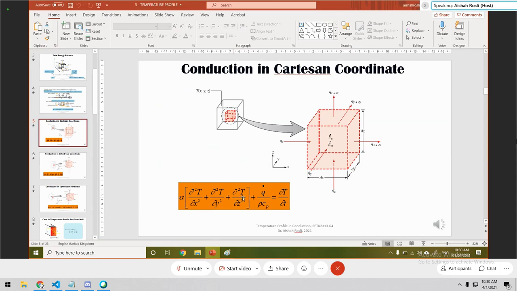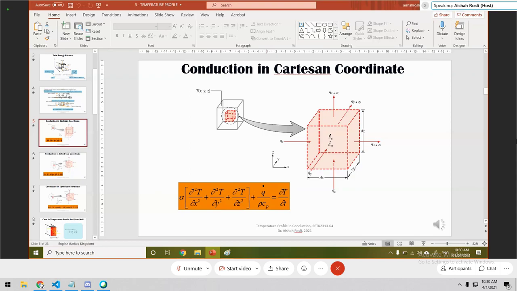So if the heat is different from different directions, you will have dT/dx, dT/dy, and dT/dz, and they will be different, because the more heat you provide, the bigger the change in temperature will be.